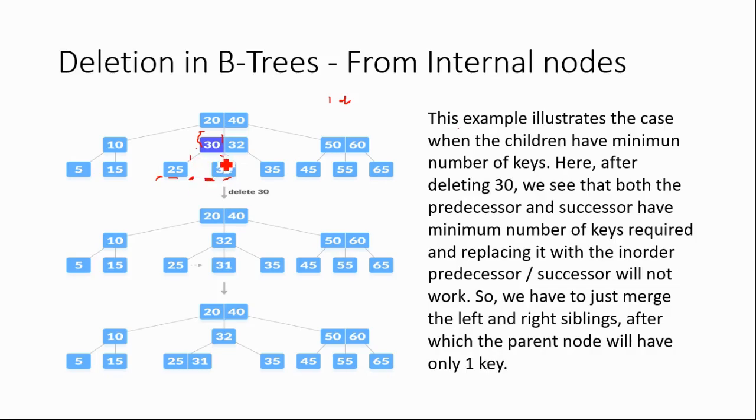So what we have to do is remove 30, and after that we just merge 25 and 31. Therefore after merging, you will get a new node which has two elements, 25 and 31, and we have seen that 2 is the maximum number of elements which can be stored there.